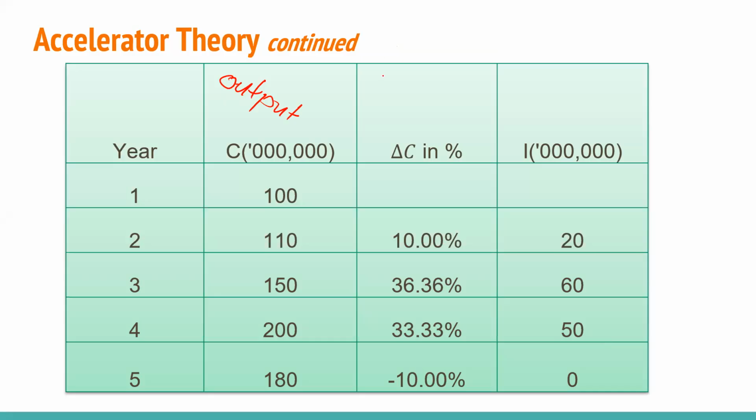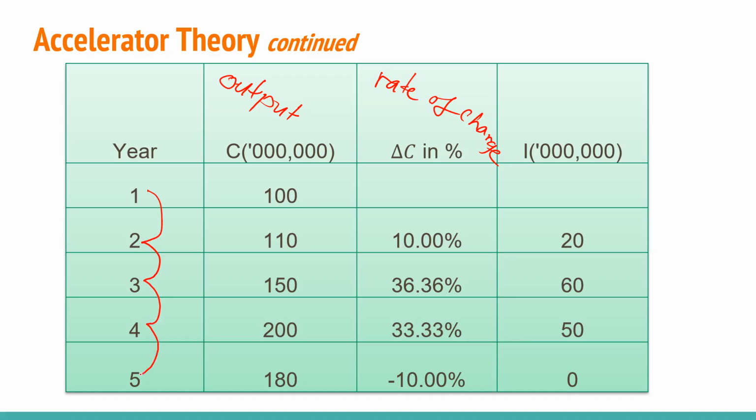This is the rate of change in output. Here we are talking about the consumption expenditure. We are just talking about consumption being equivalent to the output, right?